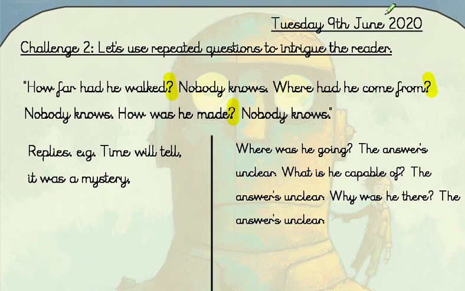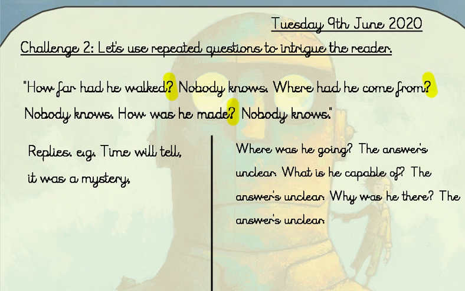Nobody knows. So here you'll notice I've highlighted some punctuation. What punctuation have I highlighted? That's right, question marks. So we've got 3 questions and we've got a repeated answer every time. Nobody knows, nobody knows, nobody knows, to really intrigue and hook the reader.